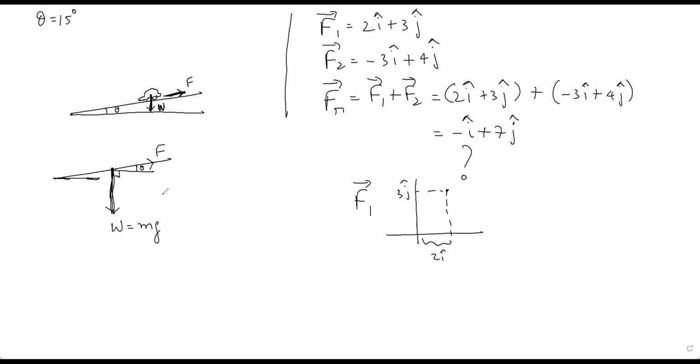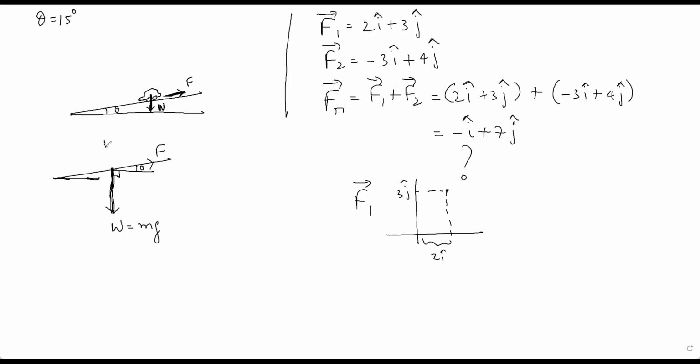But F is not horizontal. It is on an incline. So we need to use the same idea, the logic, exactly what we understood in solving a problem with the directional quantity with the unit vectors i, j, k. W is only vertically down, so the W can be resolved along the plane and perpendicular to the plane.